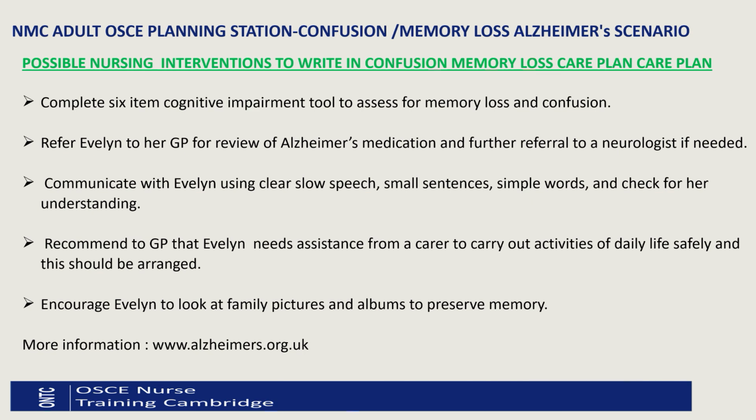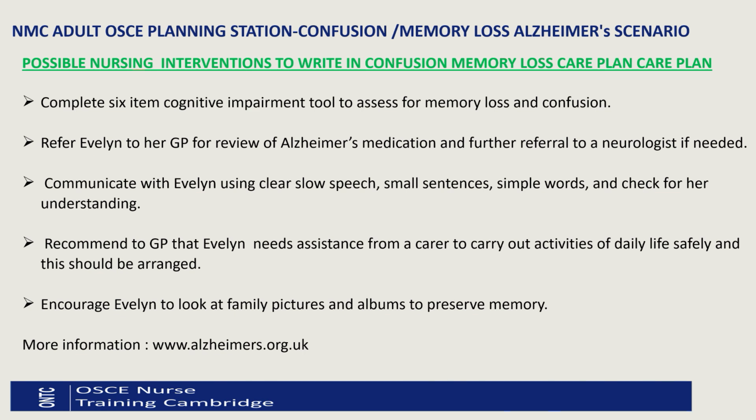But if the scenario is based at her own house, then definitely recommend to the GP that the patient needs assistance from a carer to carry out activities of daily living safely, and this should be arranged.